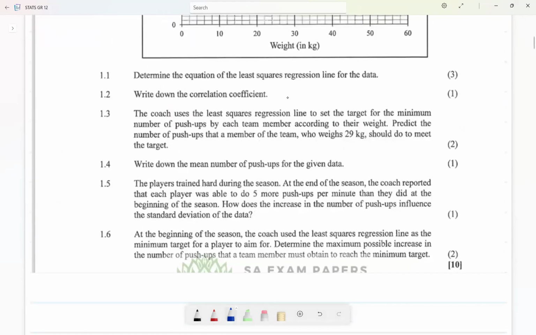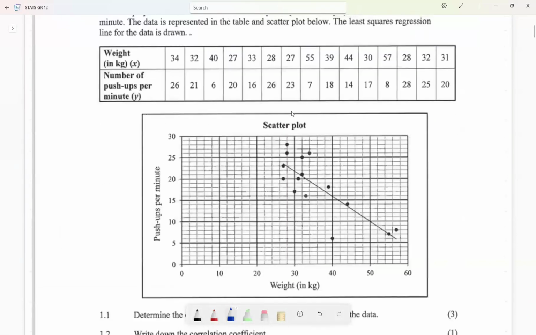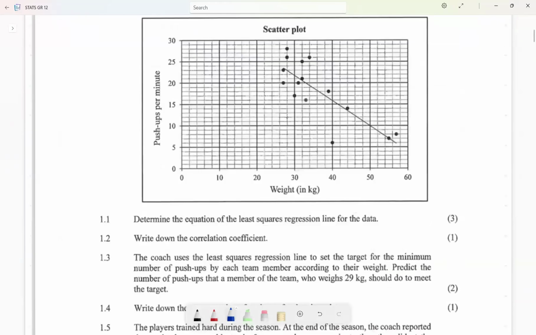Determine the equation of the least square regression line for the data. We know how to get this using our calculators. So when we use our calculators, we get that our least square regression line is going to be y = 89.46 - 0.59x.